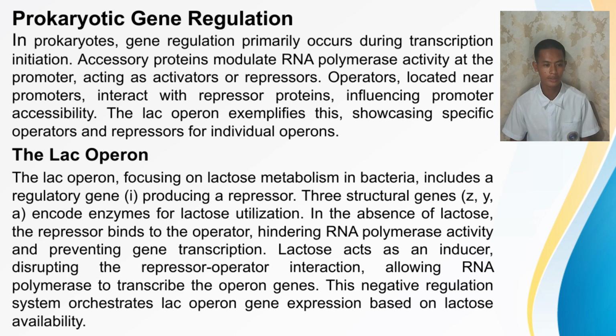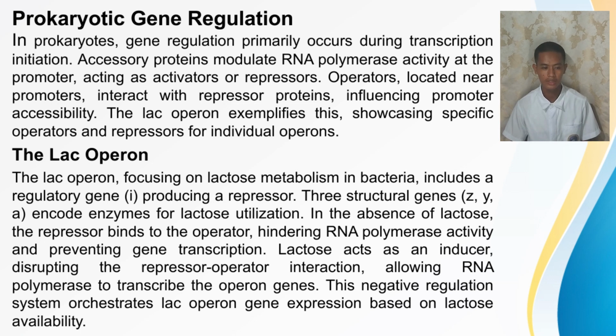The lac operon. The lac operon, focusing on lactose metabolism in bacteria, includes a regulatory gene, I, producing a repressor, and three structural genes, Z, Y, and A, encoding enzymes for lactose utilization.